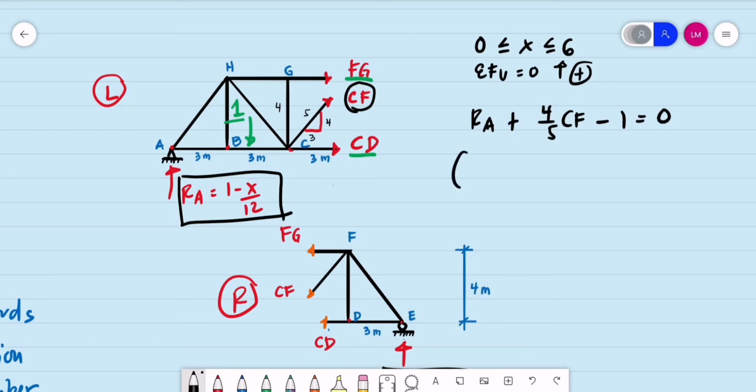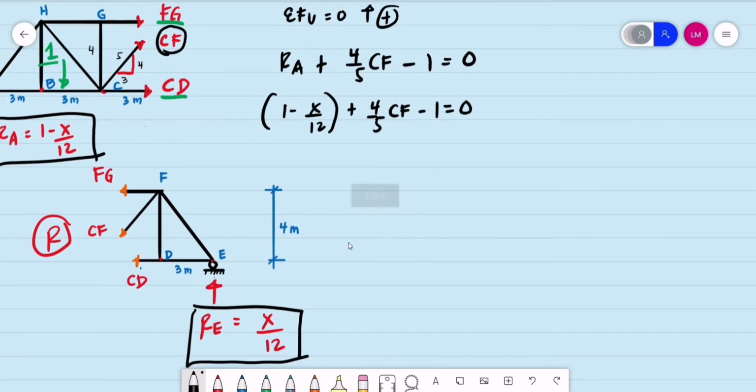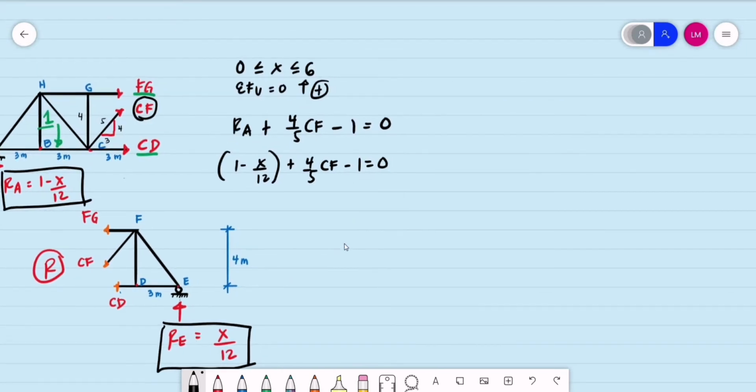The equivalent of RA is 1 minus x over 12. And then this is plus 4/5 of the axial force for member CF minus 1, equal to 0. Then we can have the equivalent of the axial force for member CF. We may eliminate these terms, 1 minus 1 is 0.